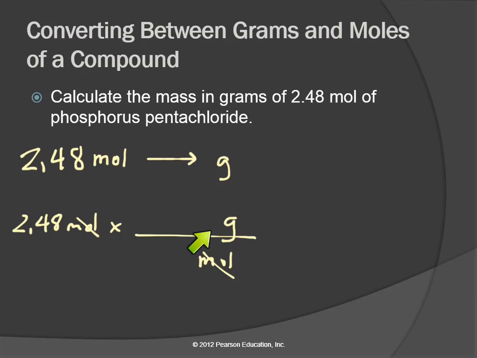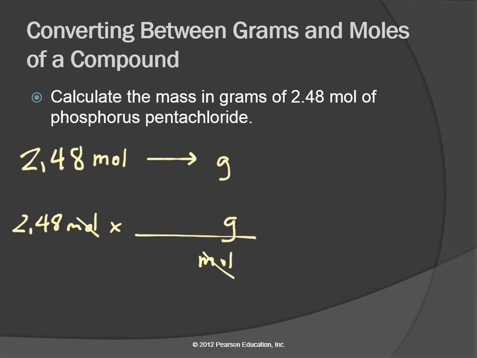So, what's the relationship between moles and grams? Well, the molar mass tells us the mass of 1 mole. Are we given that in this question? No, but they gave us the name. Oh, great, then we have to write the formula, right?